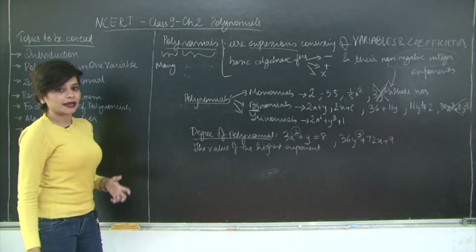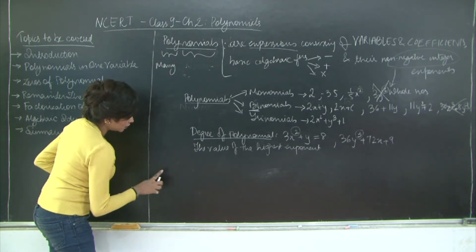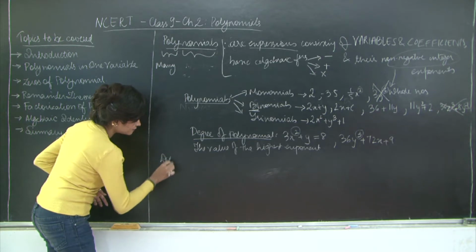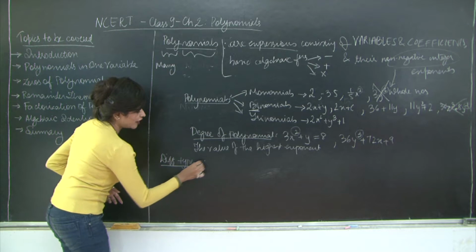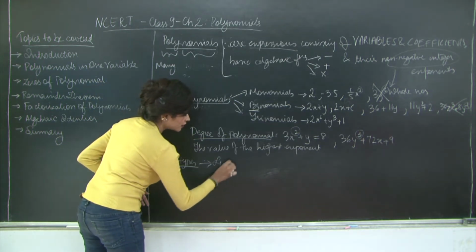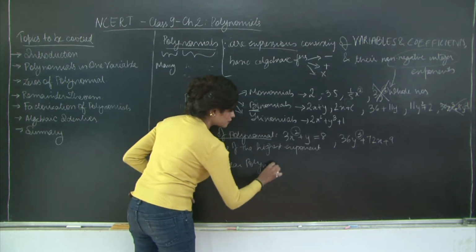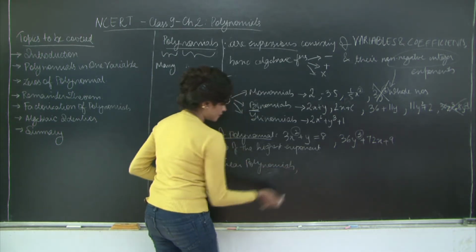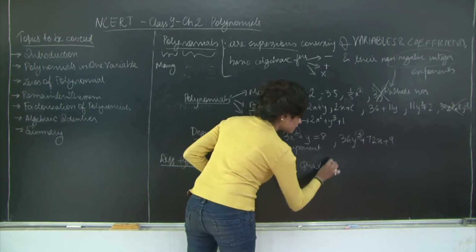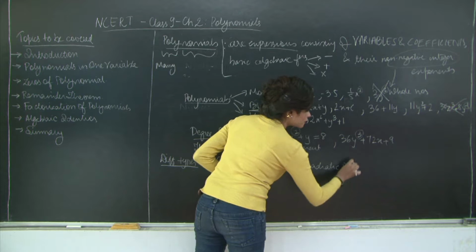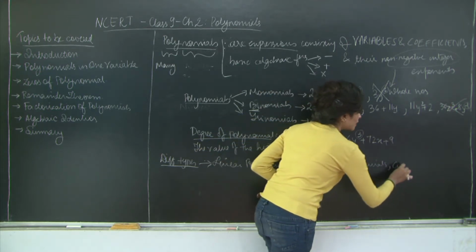Now the different types of polynomials. You can form linear polynomials, then quadratic polynomials, cubic polynomials.